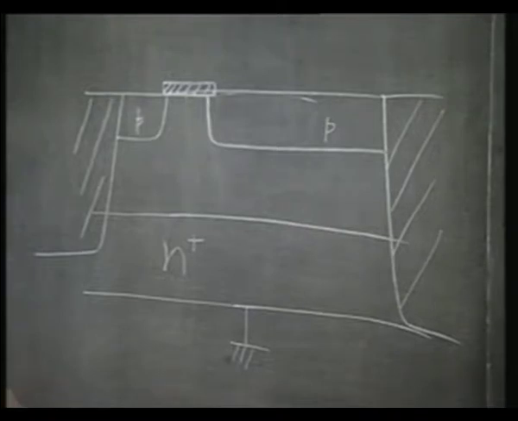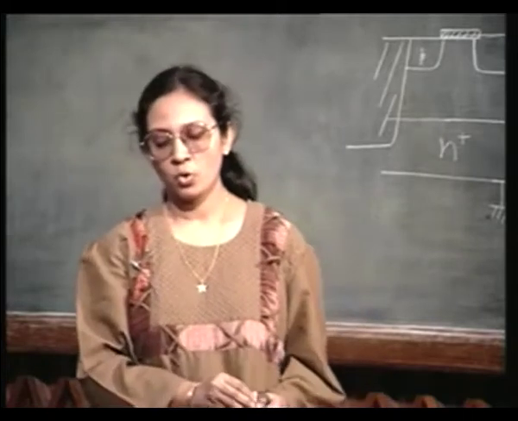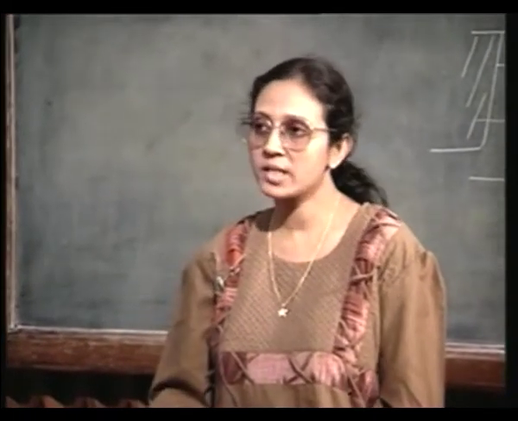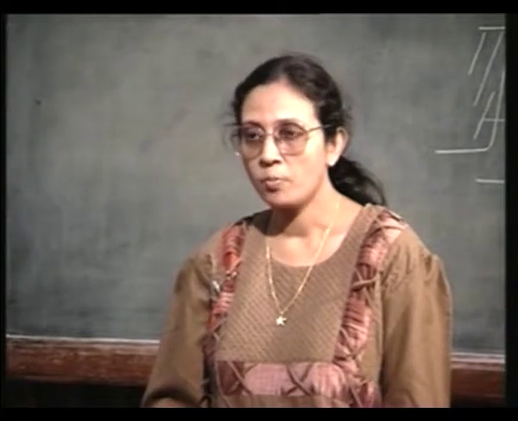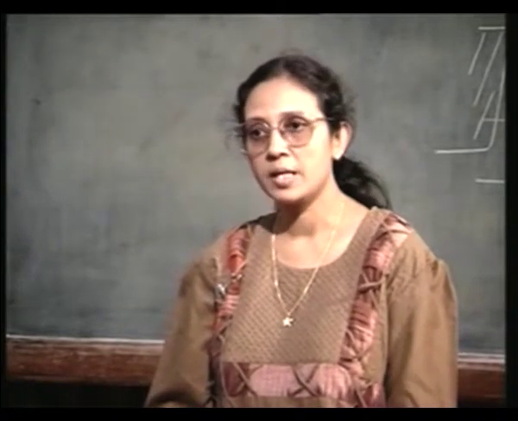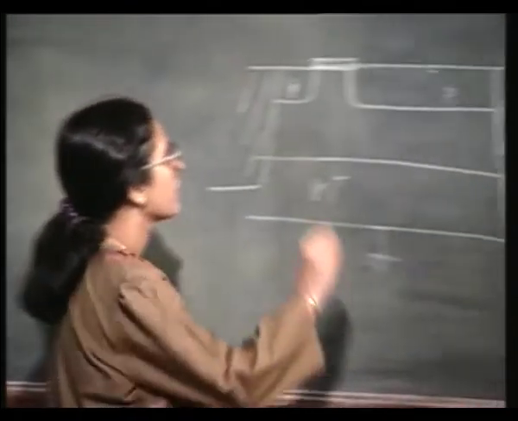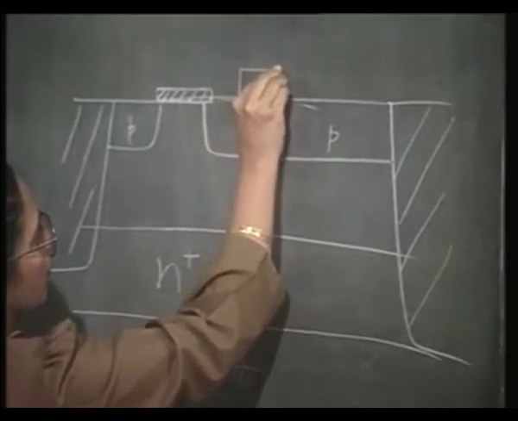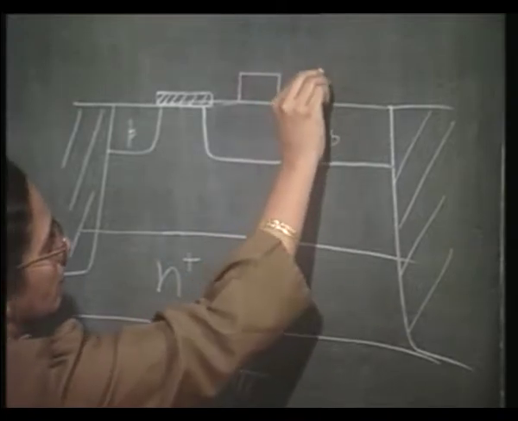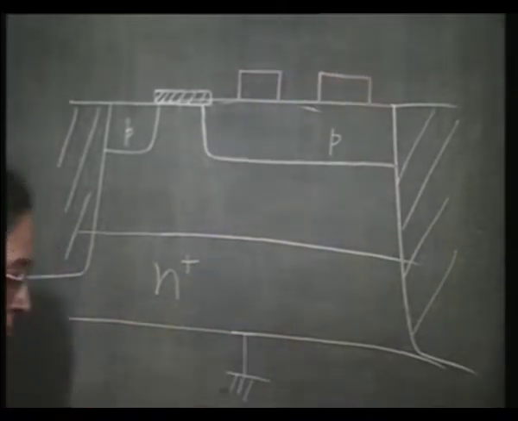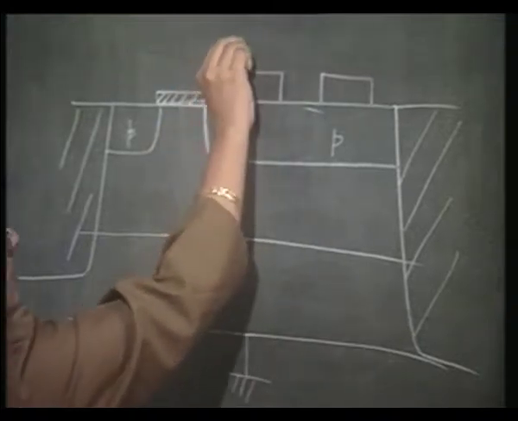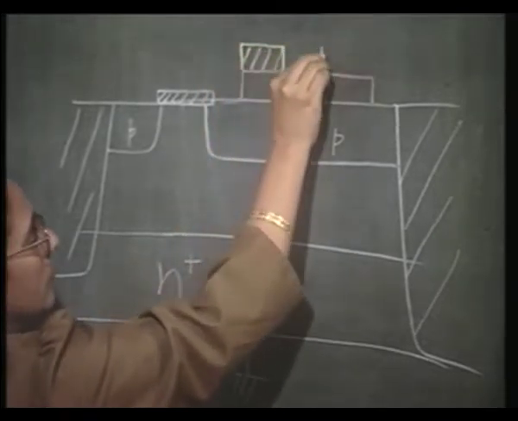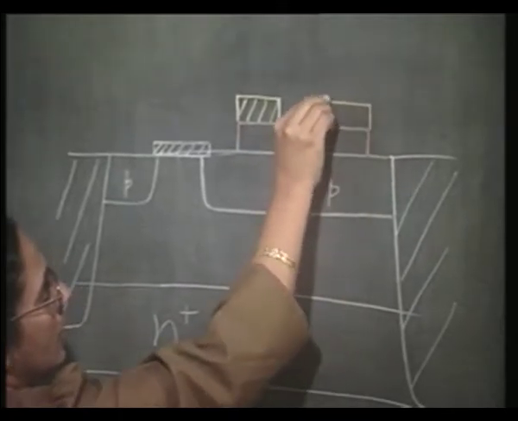In the next step, we deposit, we do not dope, we do not diffuse, we deposit arsenic doped polysilicon over the p-type region, topped with CVD silicon dioxide and pattern it.